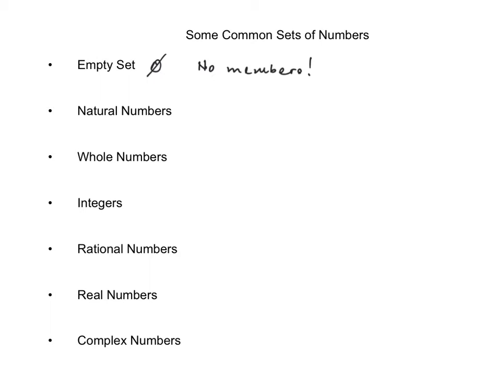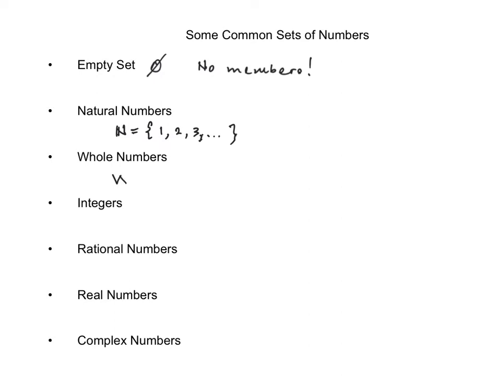Okay, the natural numbers are denoted by N, and this is just the set of counting numbers beginning with 1. So it's 1, 2, 3, etc. And notice here we're using our set notation where we're listing the elements of the set in between curly braces.